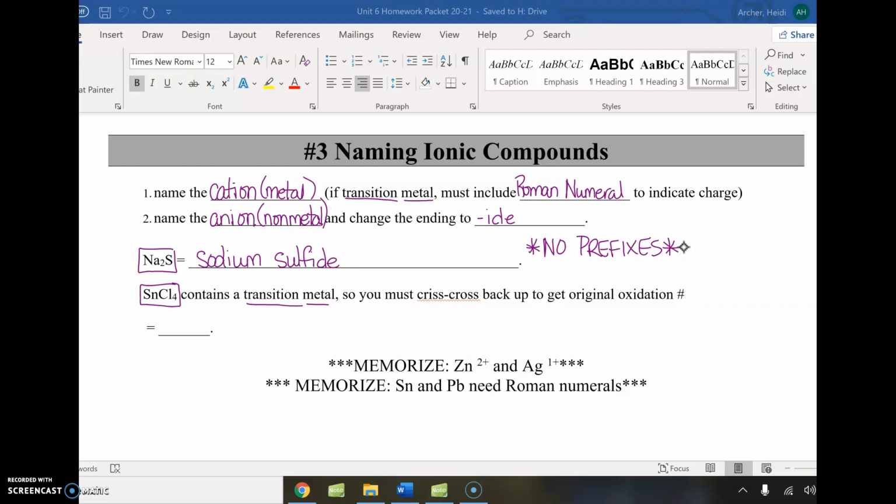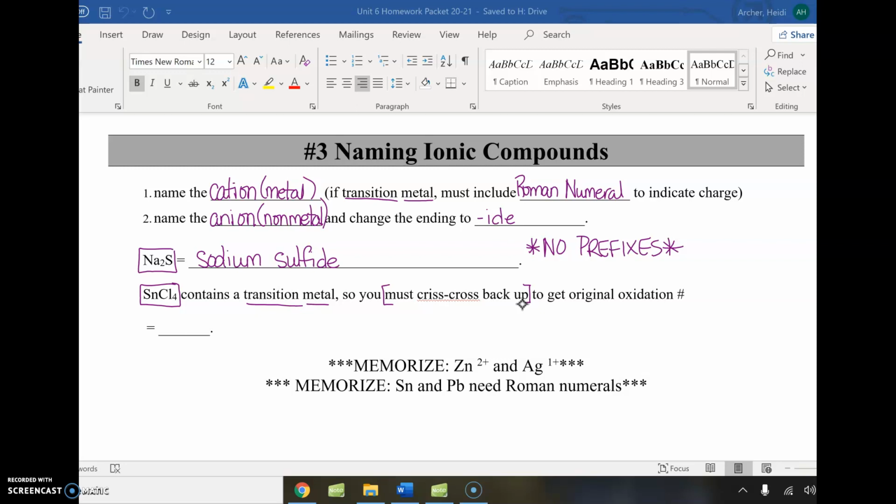Now let's look at this one that contains a transition metal. So if it contains a transition metal, we must crisscross back up. So our crossover method says crisscross and reduce. But I don't know what the charges are here, but I know that the subscripts are generated from the charges. So I'm going to have to work backwards to figure out what the charges were.